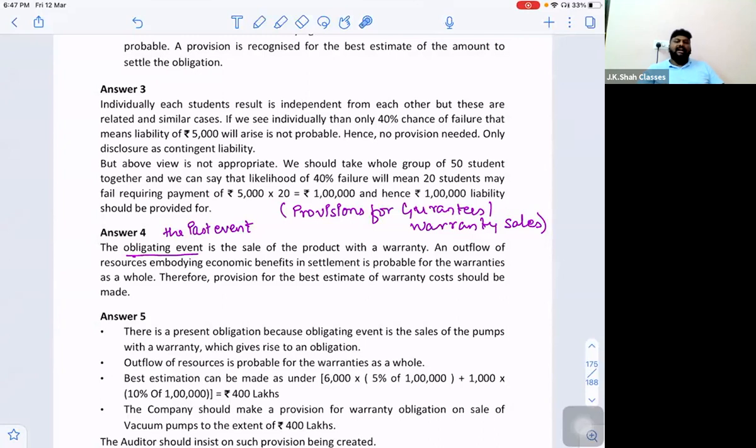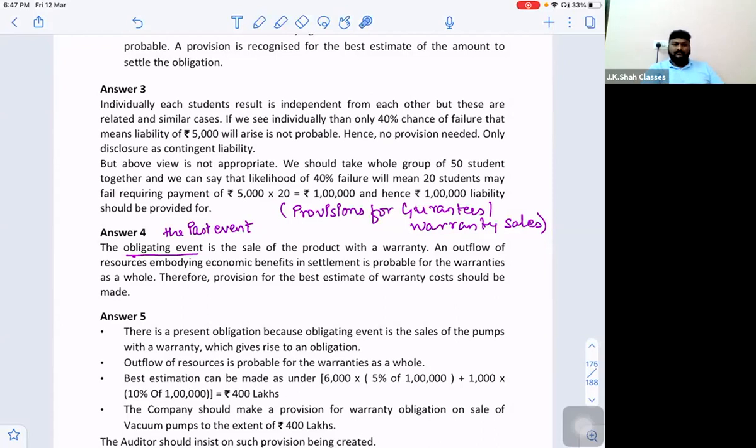But please try to give both the possibilities in the exam, because both angles are possible. Individual angle is also possible, total angle is also possible. More correct is the total angle, but the individual student angle is also possible.